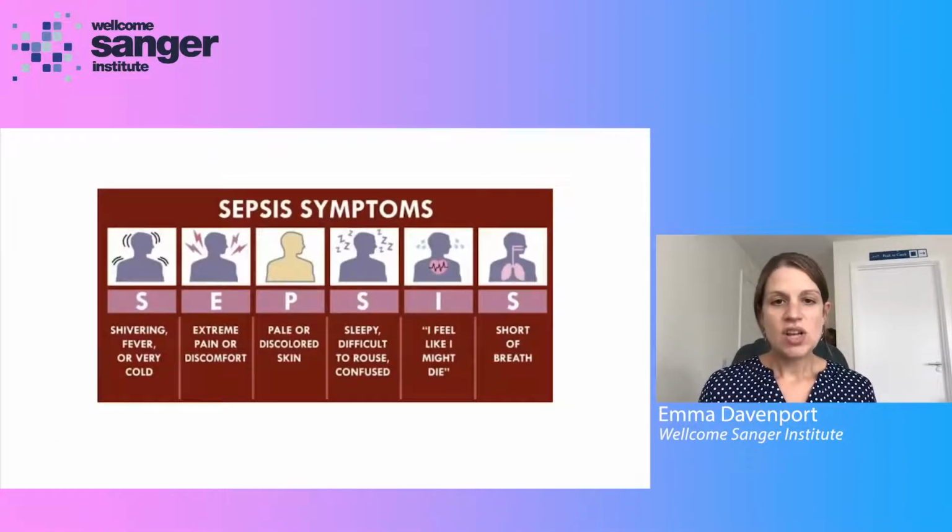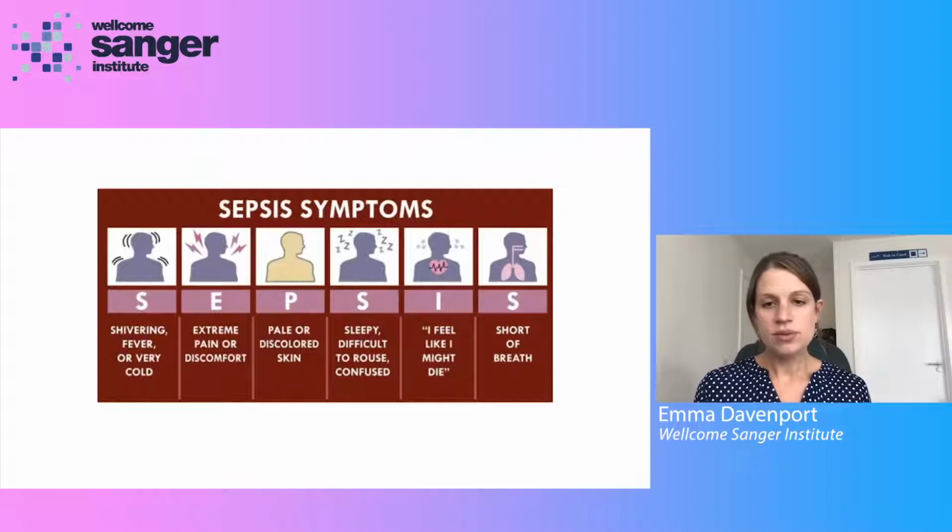This figure is just highlighting some of the sepsis symptoms that a patient might experience. So for example, shivering and fever, or feeling very cold, having extreme pain or discomfort, having very pale or discolored skin, being very sleepy or being difficult to rouse. The patient will feel incredibly unwell, so they might feel like they're dying, and finally a shortness of breath.